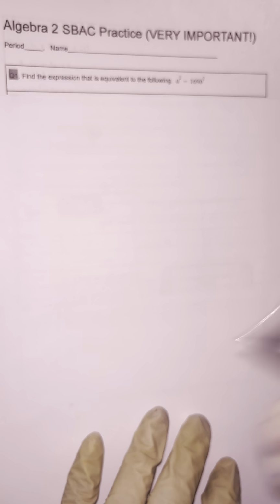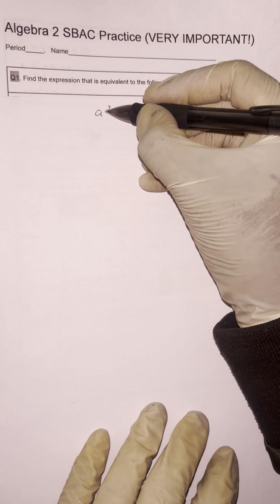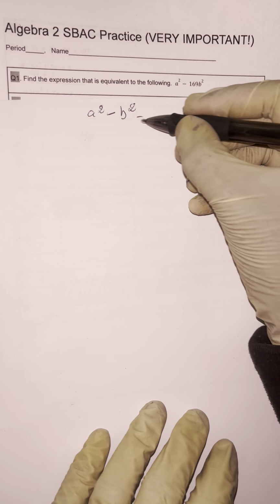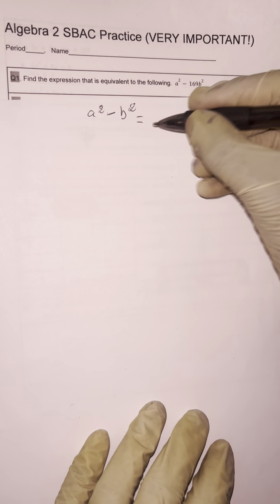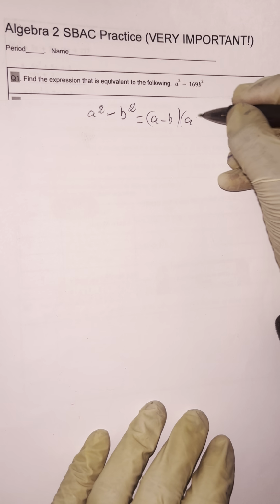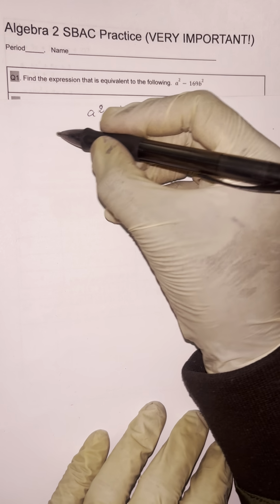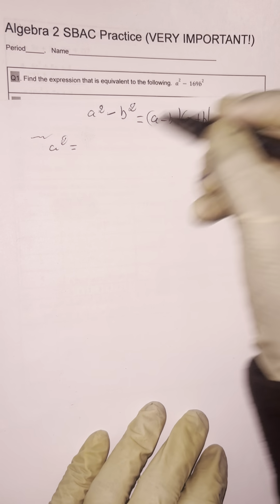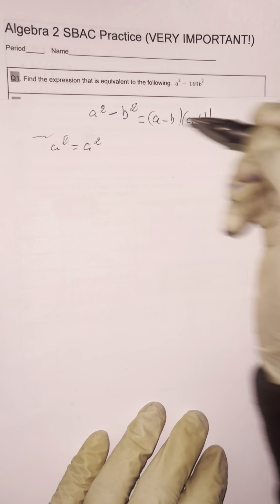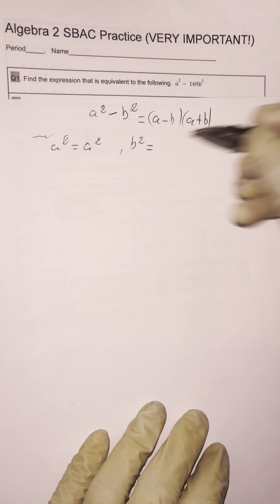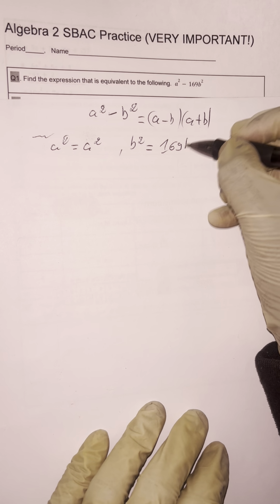So for the first one, obviously we have an identity formula in the form a squared minus b squared, right? And remember, when you have something in the form a squared minus b squared, it's going to turn into a minus b times a plus b. In this situation, our a squared is a squared, and our b squared is 169b squared.